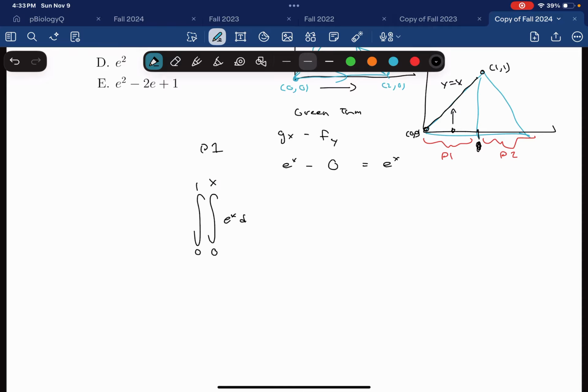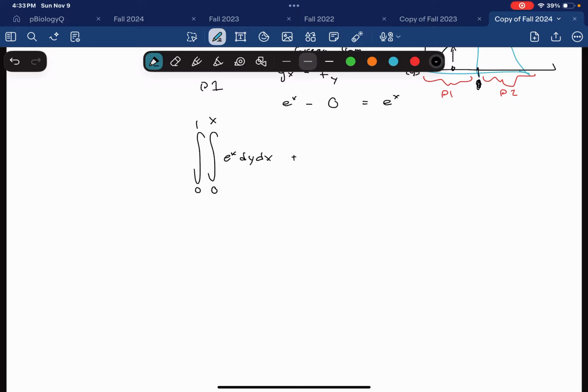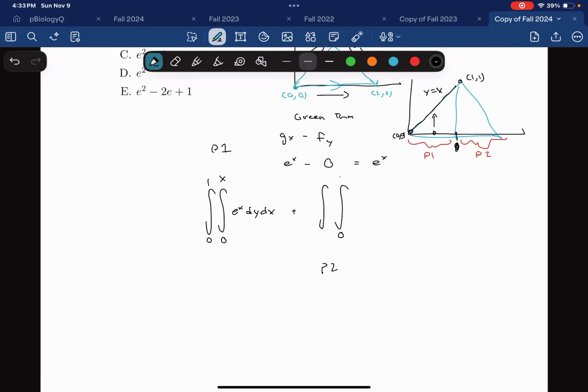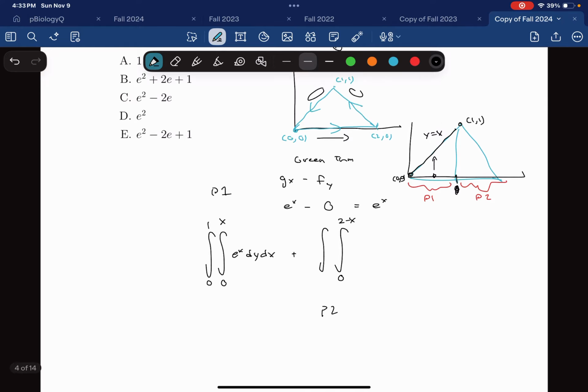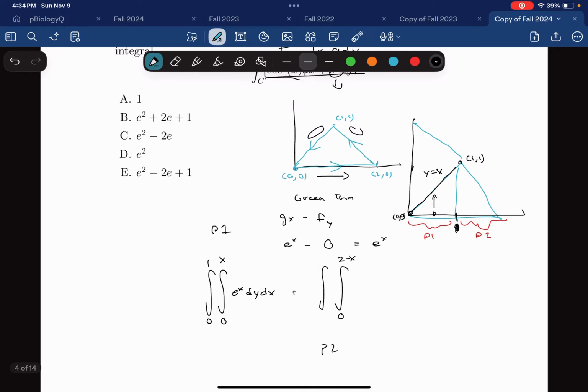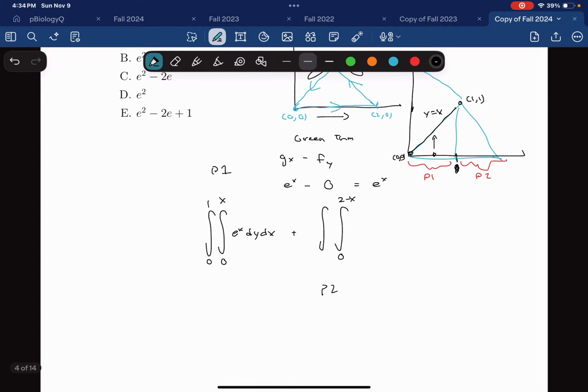So e^x dy dx. Sweet. So that'll be plus our second one, which is part 2. Call this part 2. And that'll be, so now y is from 0, but that'll be 2 minus x, because if you extend this out all the way over here, because there's technically like an invisible line right there, it'll be a y-intercept at 2, and the slope is negative 1.